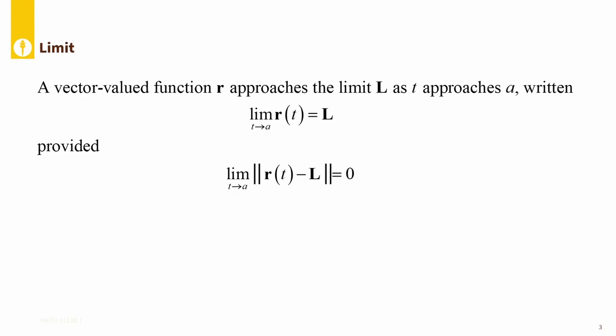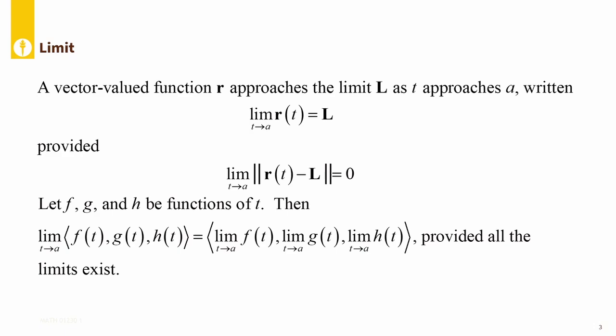With some considerable effort, I don't even think I did it in the video, you can prove this result. That the limit of the vector valued function is the vector of the limits of each component. If even one of those limits does not exist, then your overall limit does not exist.